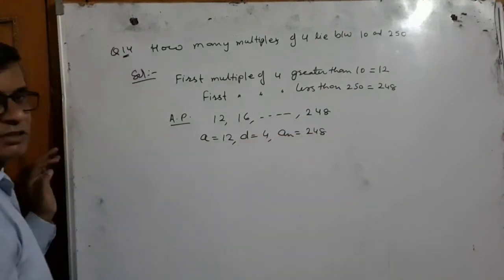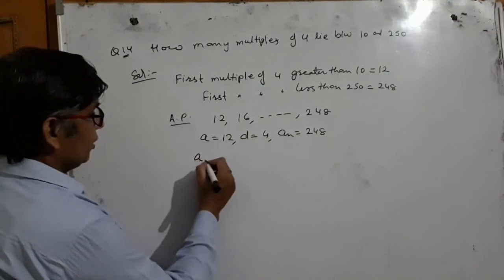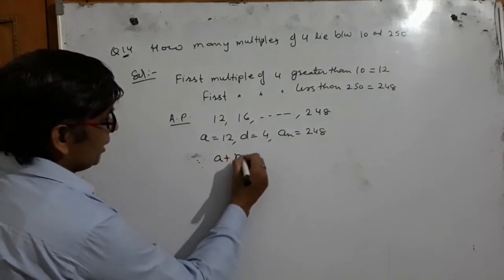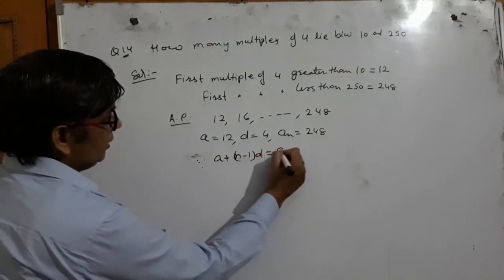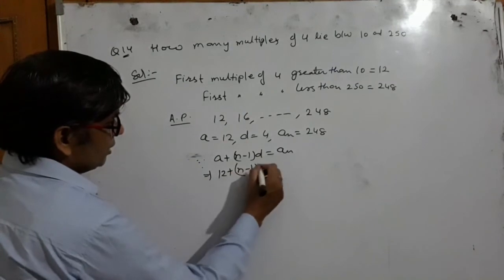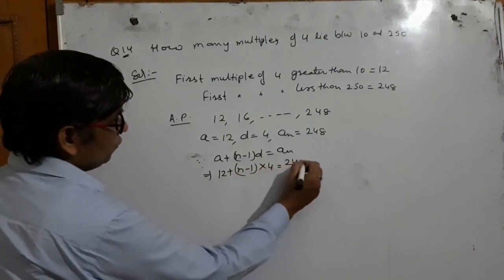Now number of terms is to be found. So A plus n minus 1 into D equals to an, so A is 12 and we have to find n, D is 4, an is 248.